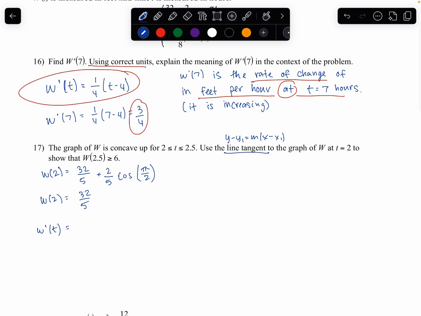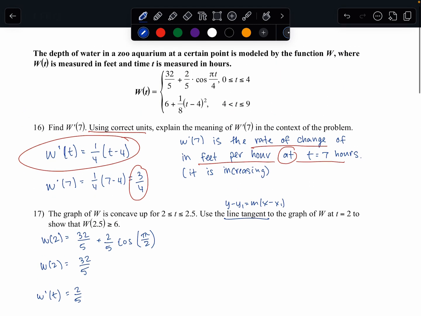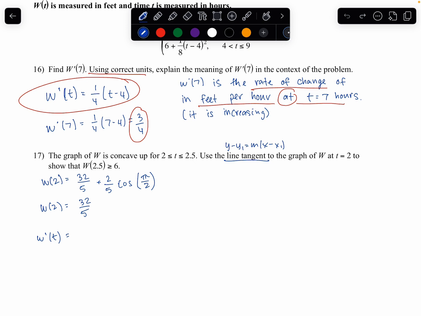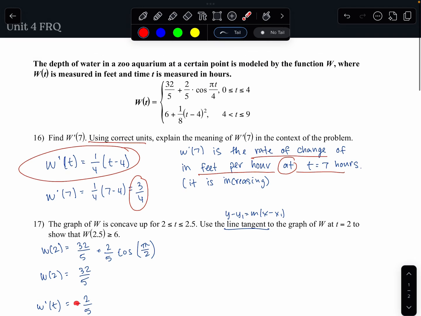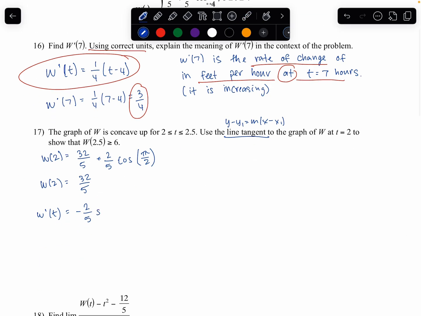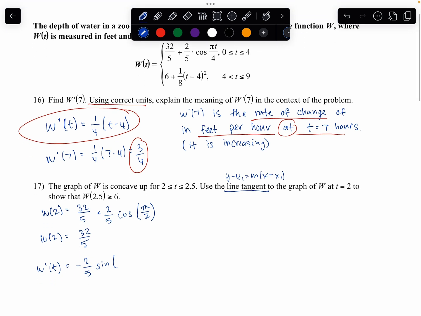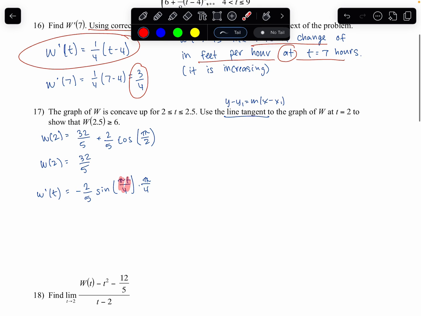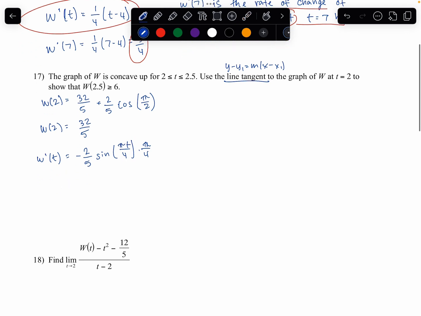So it's going to be negative 2 fifths, because the derivative of cosine is negative sine, of pi t over 4, and I multiply by pi over 4 for the chain rule. That's the derivative of the inside: the derivative of pi t over 4 is pi over 4, since pi over 4 is a constant and t is linear.